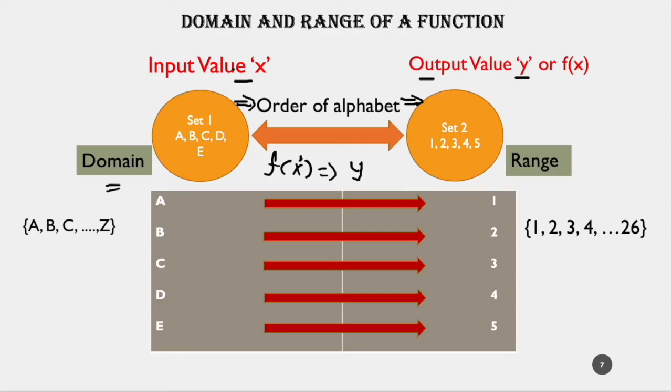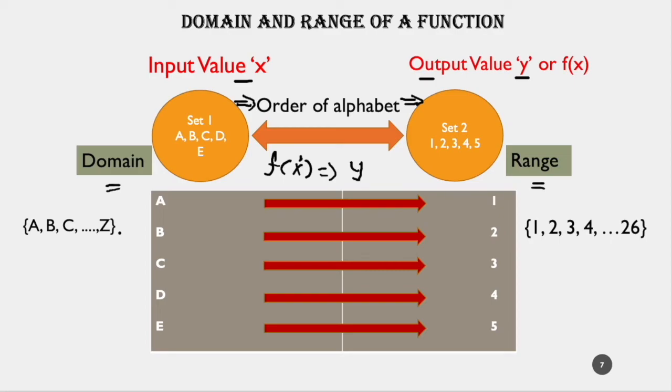The input value set x is called the domain, and the output value set y, or f of x, is called the range. So let's look at this example. Let's define the input set or the domain as the letters of the alphabet. So that would be A, B, C, etc., till Z.